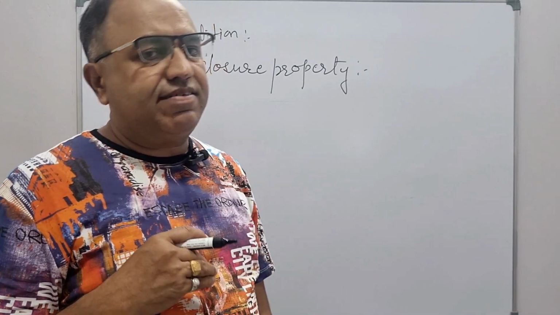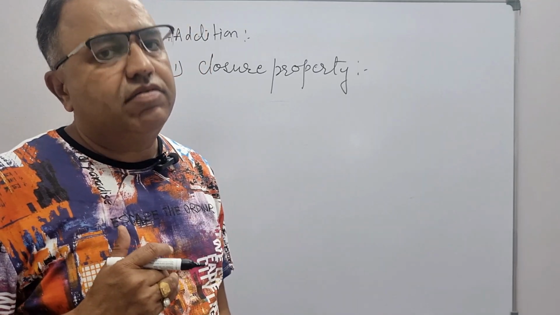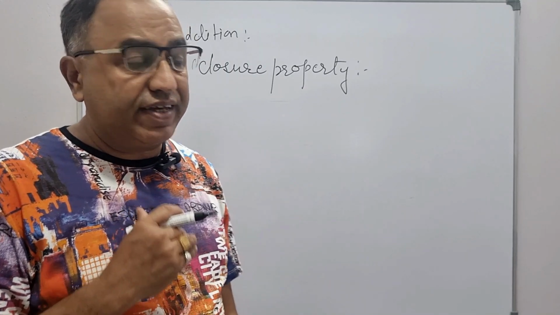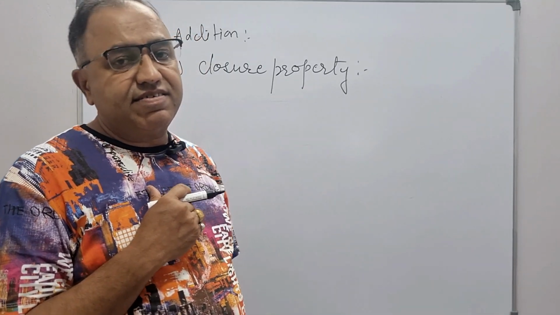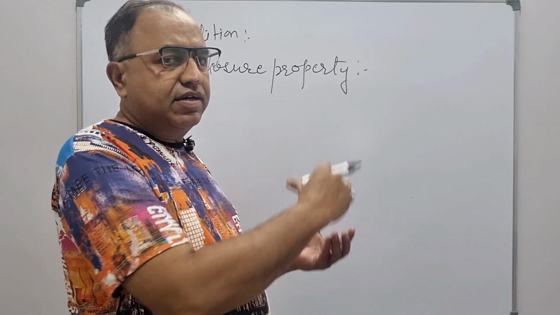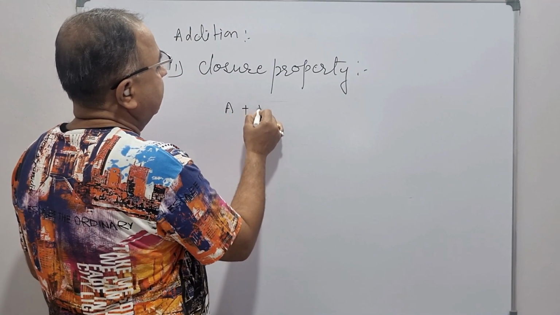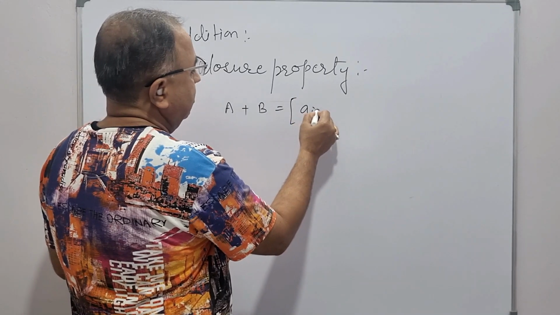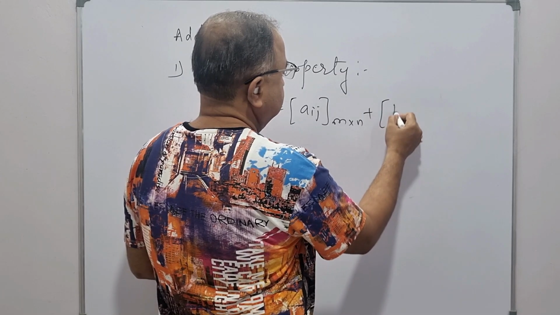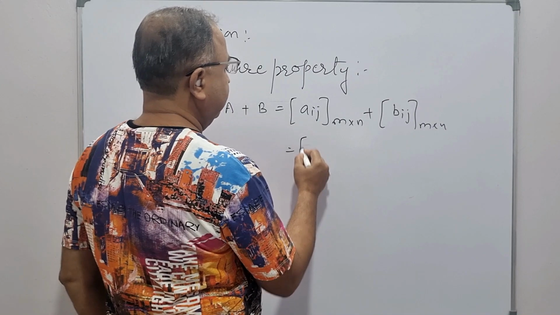Similarly, if you take any two matrices and add them, the result is also a matrix. That means addition satisfies the closure property, or we can say the family of matrices is closed under addition. Whenever you add two matrices, the result is again a matrix. For example, if A and B are two matrices of the same order, m cross n, you know the result is also a matrix of the same order.